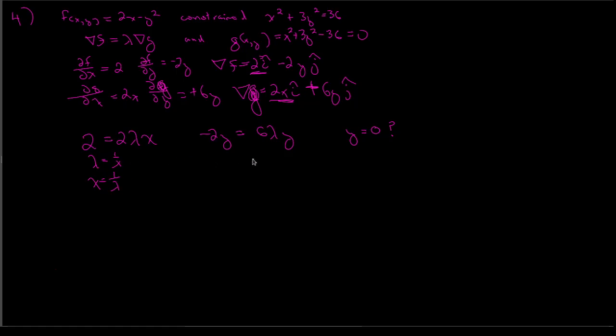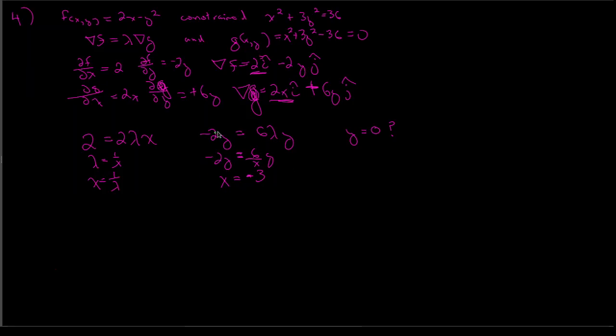And if I come over here, then I can give myself, let's see what I can do here. If I put x into here, negative 2y equals 6 over x times y. And so if I solve this for x, I'll multiply x to this side, and I'll get negative 3.